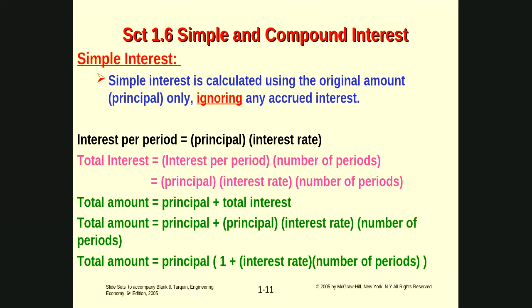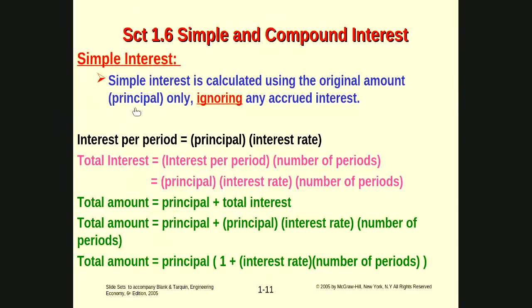The first method is exactly as we applied in the previous sections on equivalence. When you have the simple interest, the interest is only applied on the original amount, which we call the principal. See the word here, principal, in parentheses in the definition. We will use it a lot in this course.